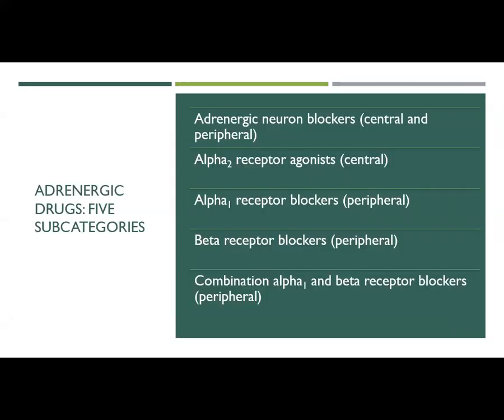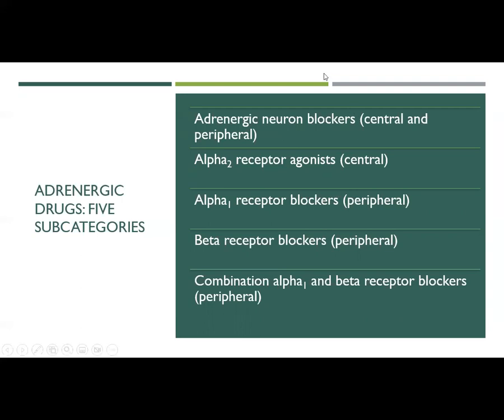The first one we're going to start with is our adrenergic drugs. There are 5 subcategories: adrenergic neuron blockers, central and peripheral; alpha-2 receptor agonists, central; alpha-1 receptor blockers, peripheral; beta receptor blockers, peripheral; and combination alpha and beta receptor blockers, peripheral.